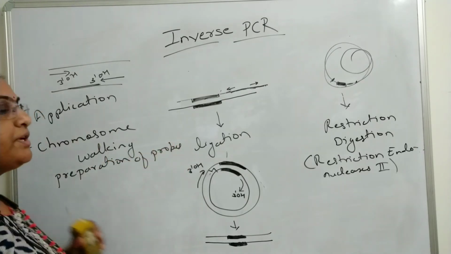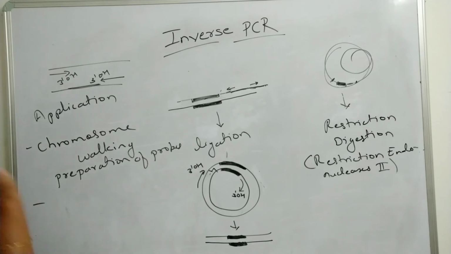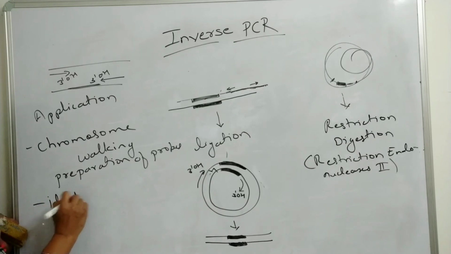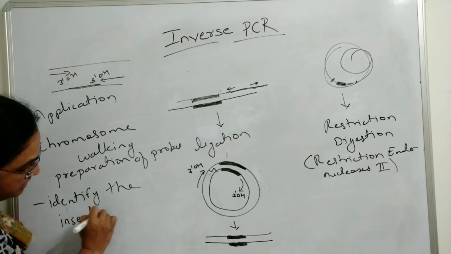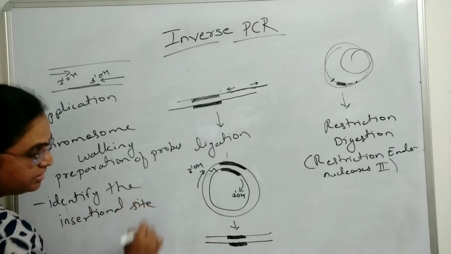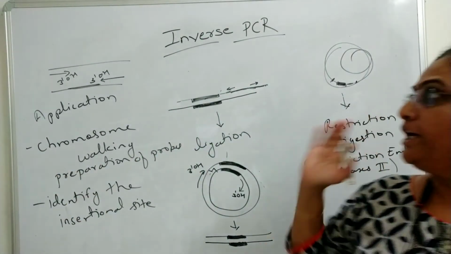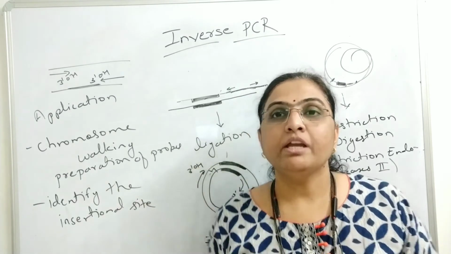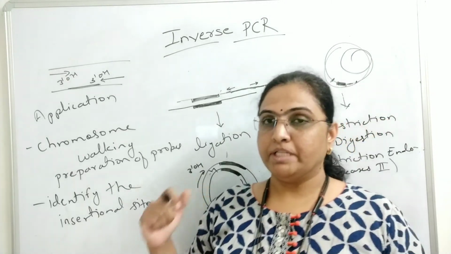Next, it is used to identify the insertional site of the viruses, transposons and the transgene, and it is also used to amplify the unknown cDNA from the mRNA. So these are the applications of the inverse PCR.